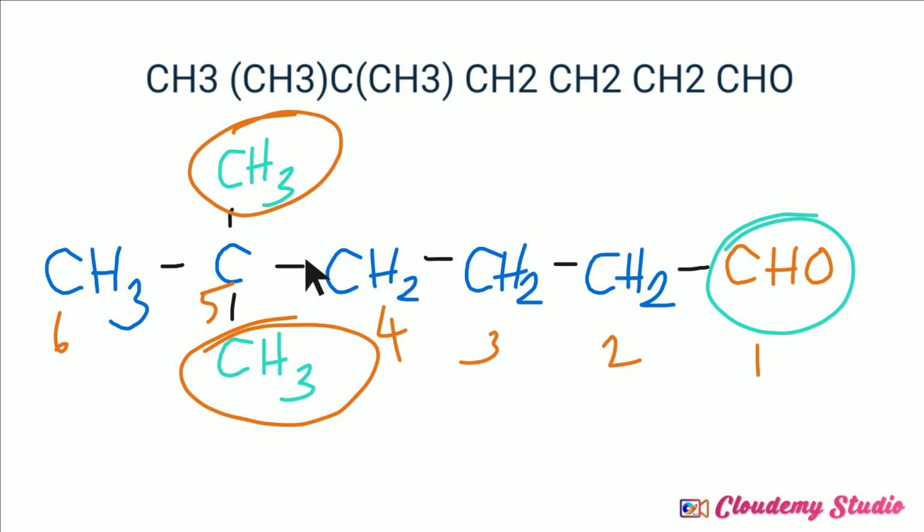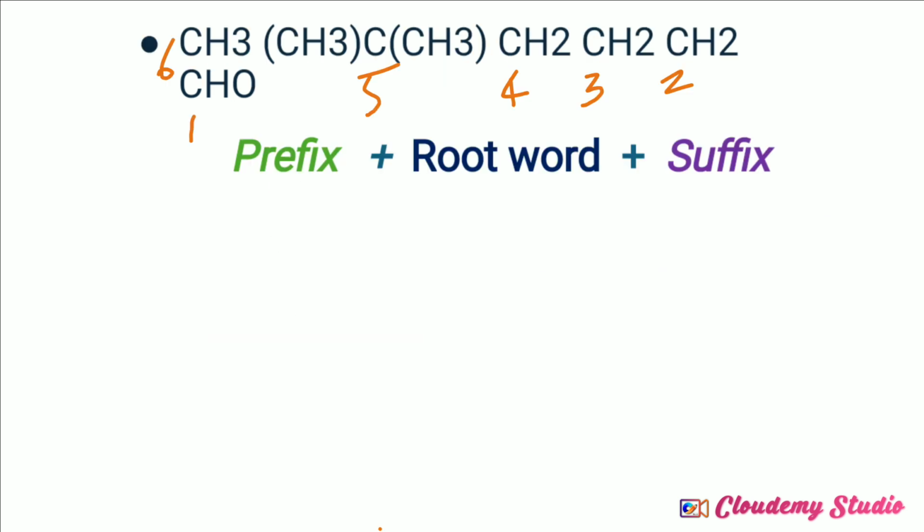Two methyl groups are there and the location of the substituent is at the fifth carbon atom. As two methyl groups are attached at the same carbon atom, we need to write the number 2 times. So the prefix will be 5,5, then hyphen, dimethyl.